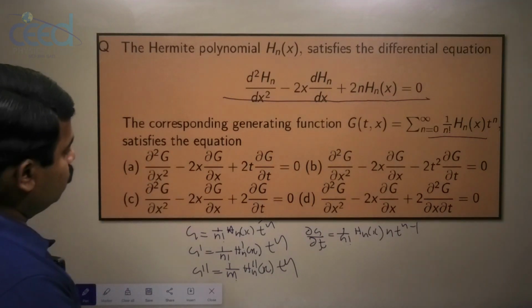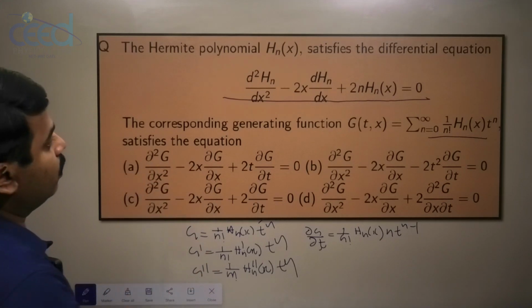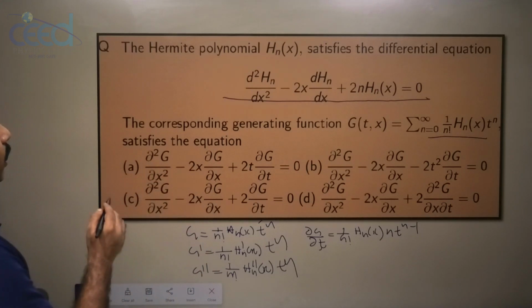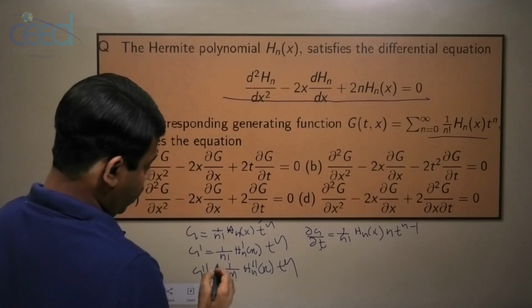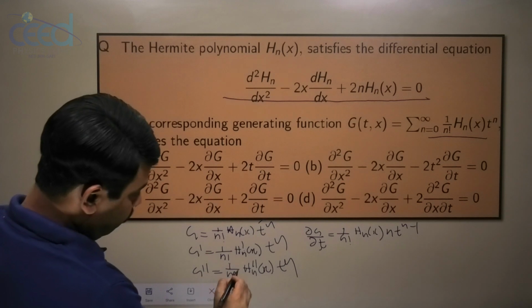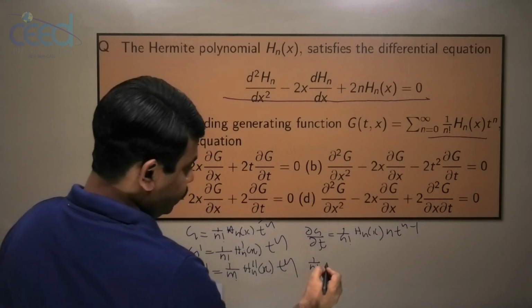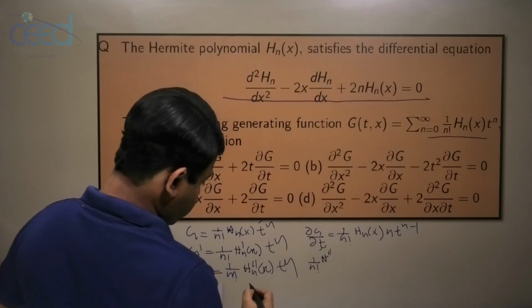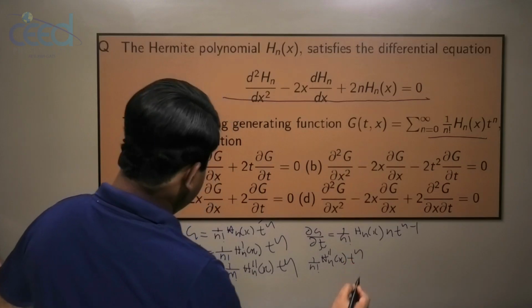So if you substitute here, ∂²g/∂x² is 1 by n factorial into h_n''(x) t raised to n.